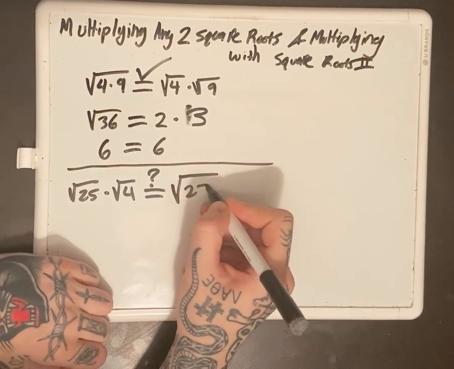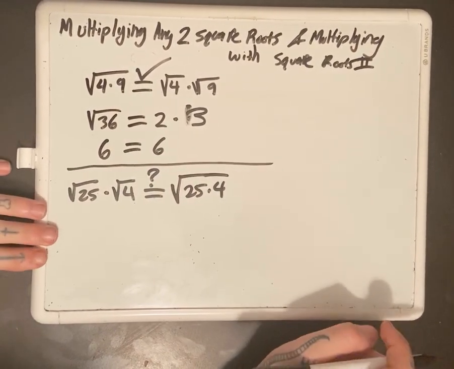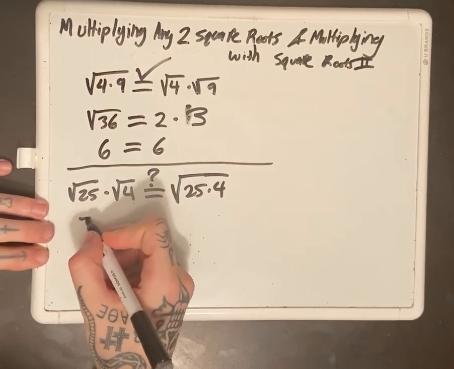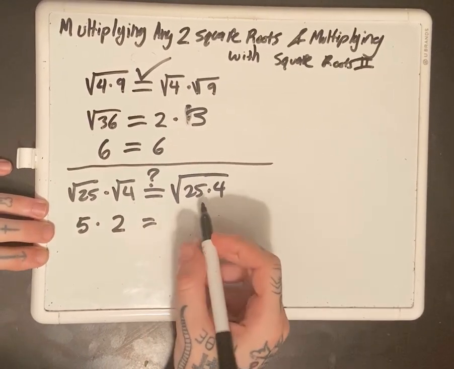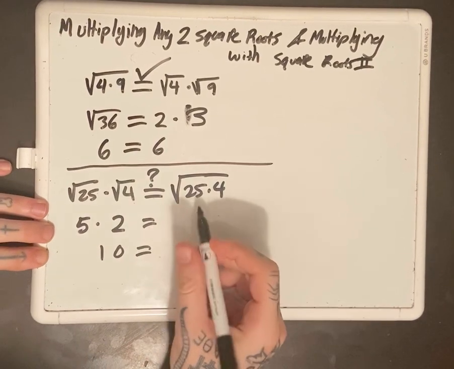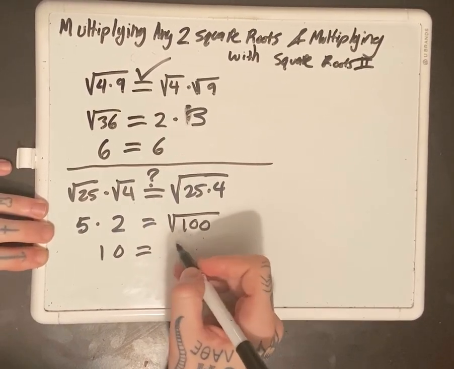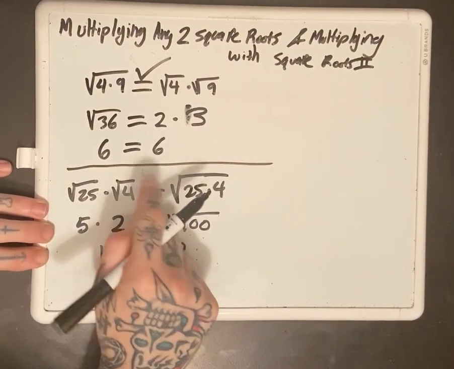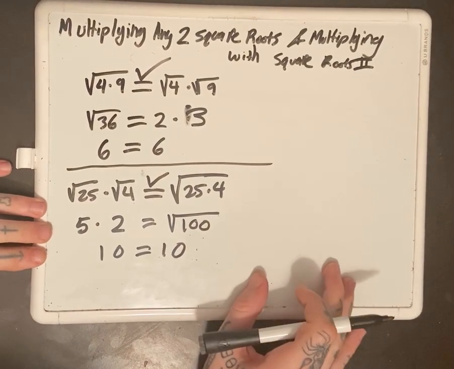We would write 25 times 4. So just to see that the relationship holds true again, square root of 25 is 5, square root of 4 is 2, 5 times 2 is 10. 25 times 4 is 100, square root of 100 is 10. So we see that that works too.